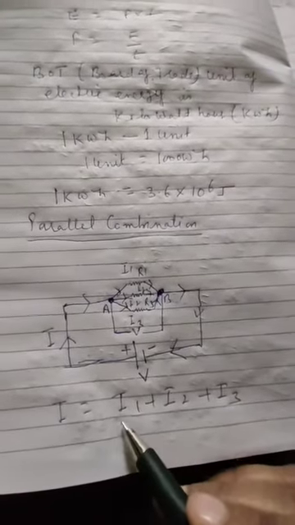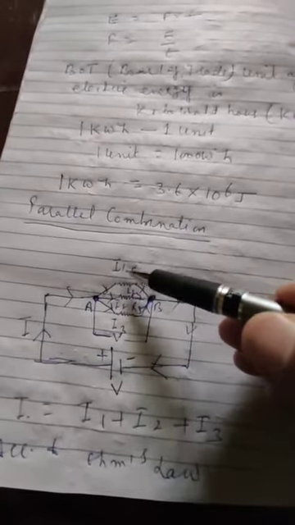Clear? So we know that according to Ohm's law, V is equal to IR. So I will be equal to V upon R. So I is equal to V upon R, so I will be equal to V upon R1 plus V upon R2 plus V upon R3.